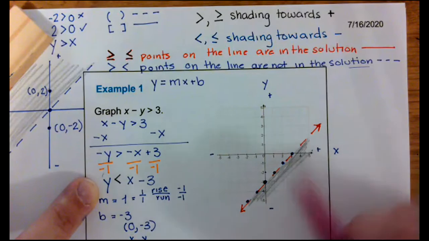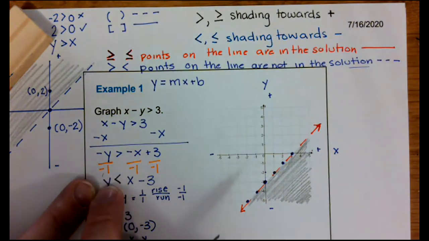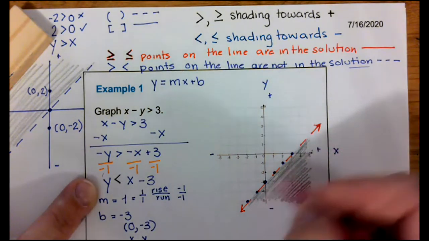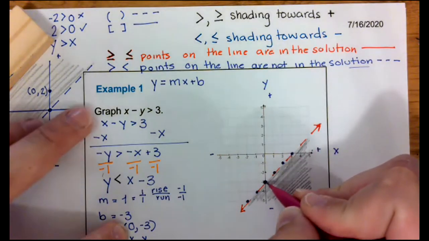All of these points are in the solution. y is less than x minus 3. Okay, and we can even test it. Nothing on the line is. So on the line we had (0, -3).